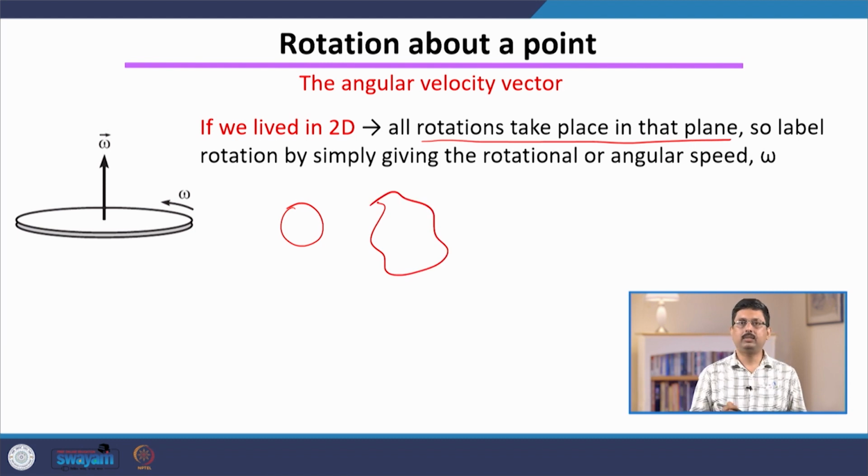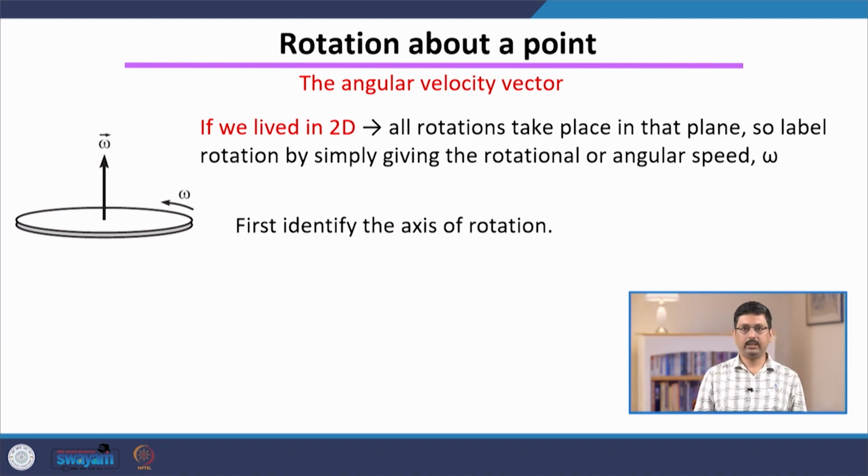Then the axis of rotation is always perpendicular to the plane. Hence, you can describe the rotation just by its magnitude, the speed. The direction of the rotation is always fixed, perpendicular to that plane. There is no other possible choice. So, you can pretend that the angular velocity is just a magnitude.